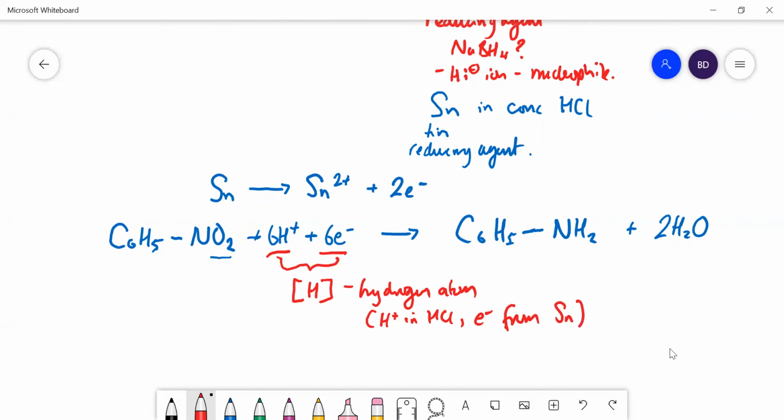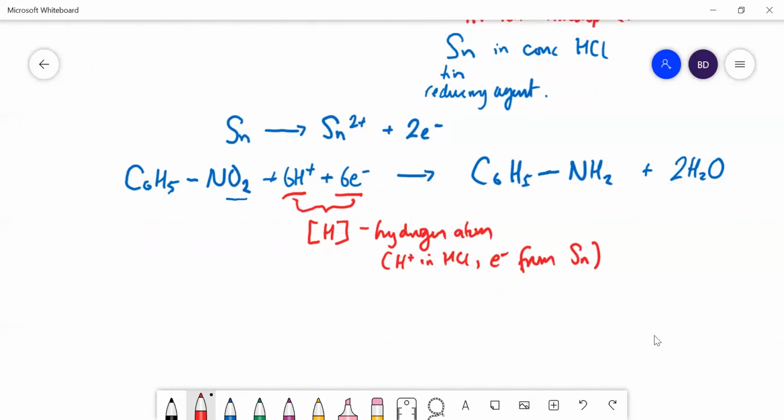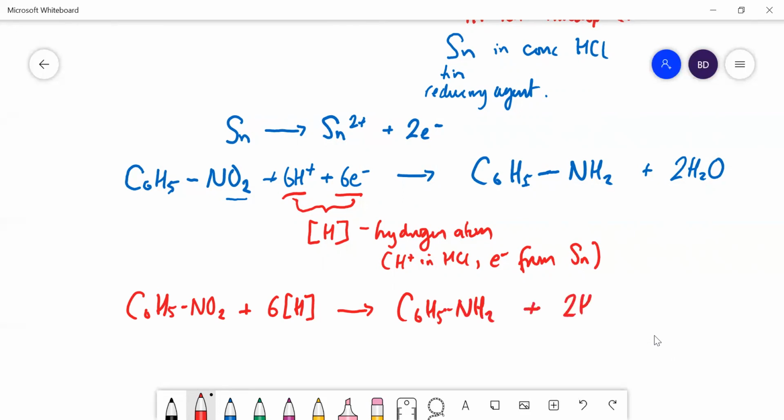So the way the exam board would want you to write this equation is C6H5NO2 plus 6 hydrogens in brackets goes to C6H5NH2 and 2H2O. That would be the equation that you want there.